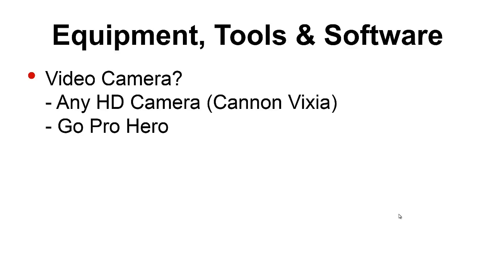I have all of these different things that I'm going to show you. And a few things that I like about the GoPro Hero, or really the Canon Vixia series of HD cameras, is you just turn them on, start recording video, and then you can grab that video off of the camera, put it onto your computer, and edit it like I'm going to show you in some future modules. But it's very straightforward and easy.